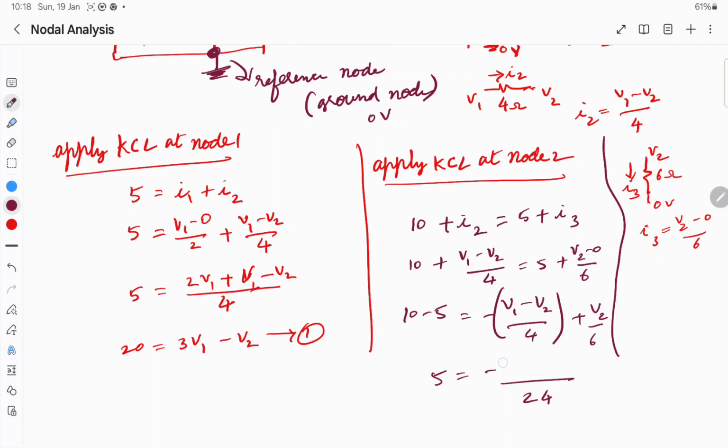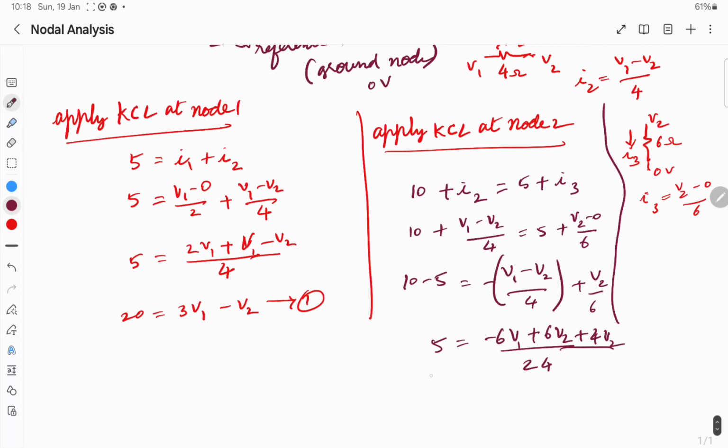So it becomes minus 6V1 plus 6V2 plus 4V2. So 5 24s are 120 is equal to minus 6V1 plus 10V2. This is the equation 2.